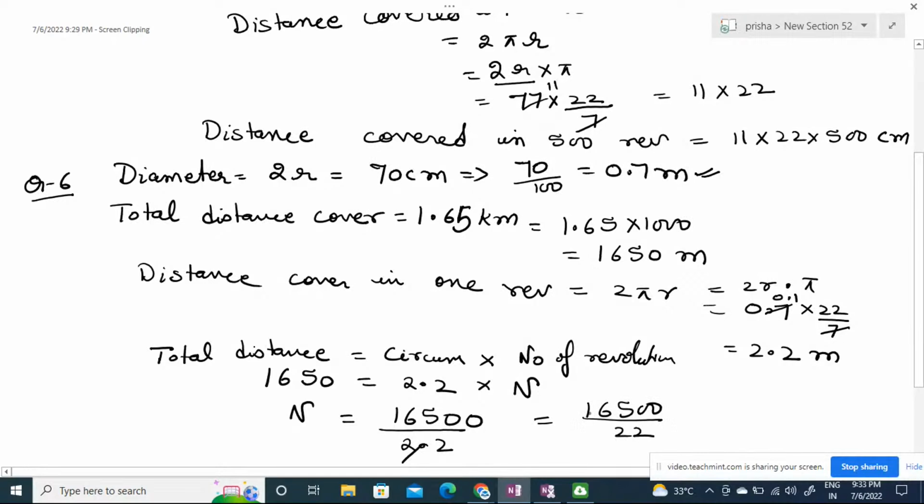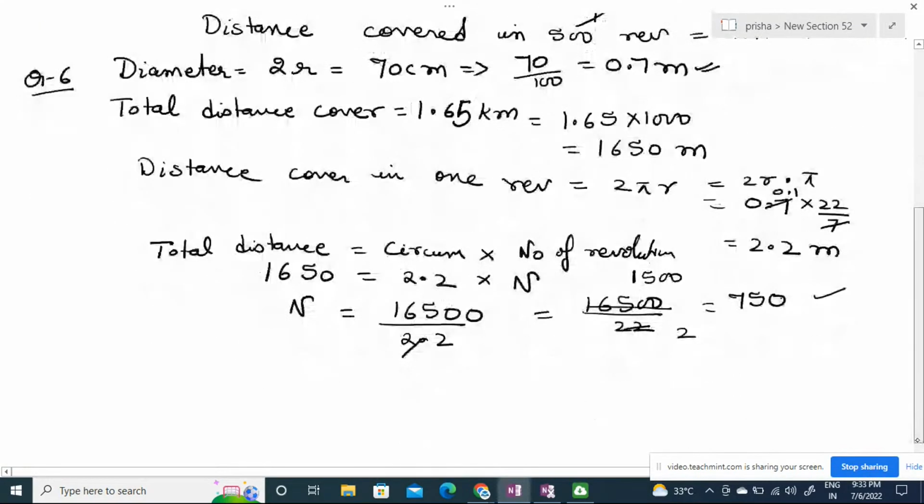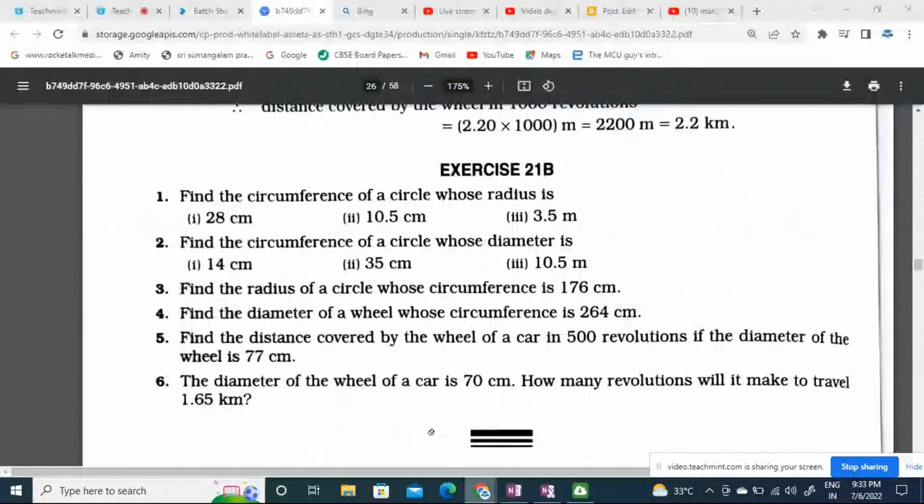Now we have to divide. 11 on the 22 is 2, 11 5 are 55. 11 2 is 22, 7 2s are 14 and 15 to 5 are 10. 750 revolutions. So now this is overall for this lecture.